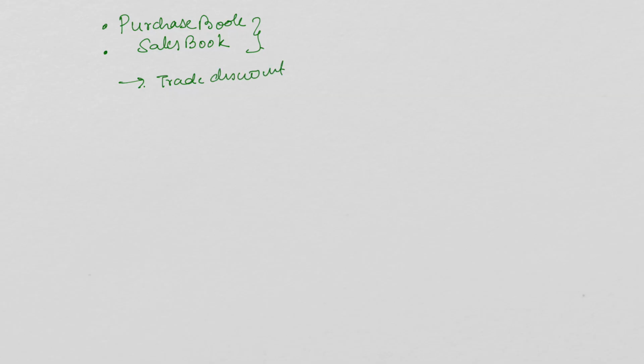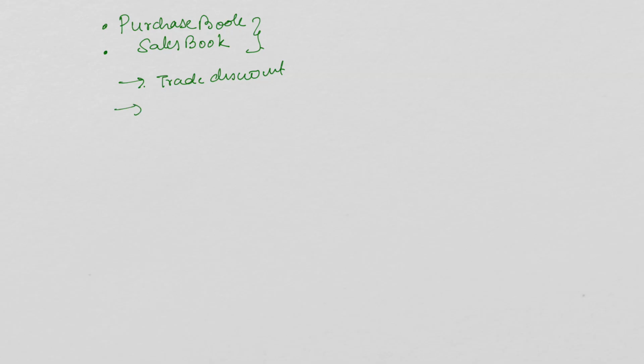After that, we discussed purchase book and sales book, which record only the credit purchases as well as the credit sales of goods meant for resale. We clearly differentiated between cash and credit transactions and understood trade discount, which is not recorded in books.